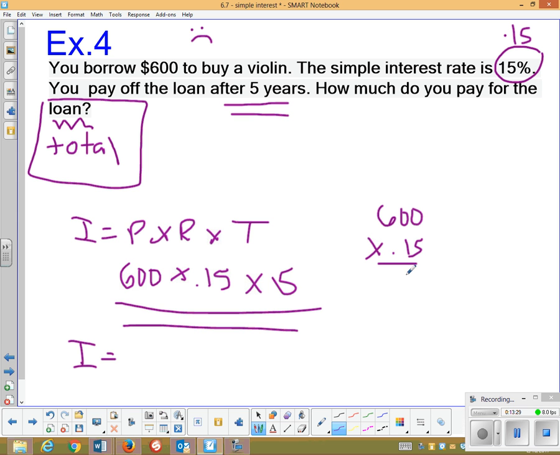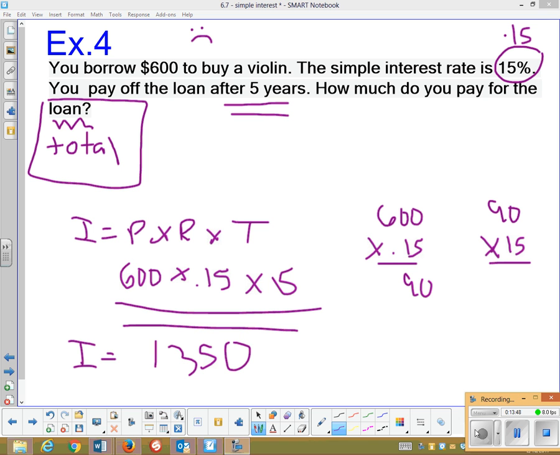90. And then after the 90, I can take that 90 and multiply it by 5. Remember, you can't do 3 at a time, so we're doing 2 at a time. Oops, and you know what? I'm going to go back. I just realized I wrote this as a 15.